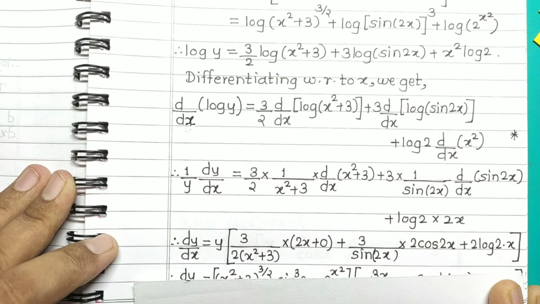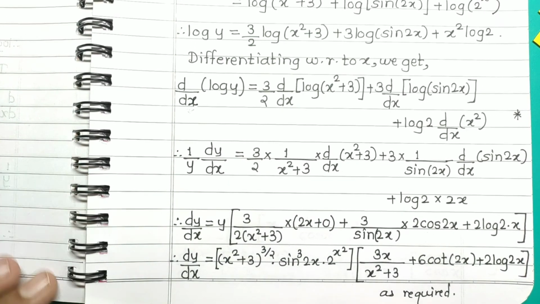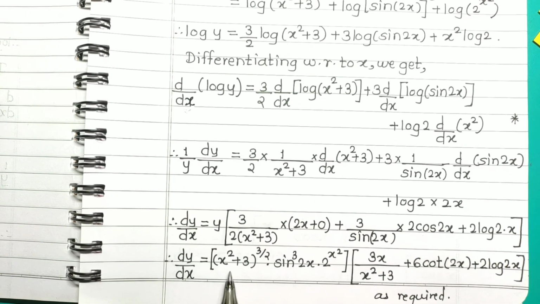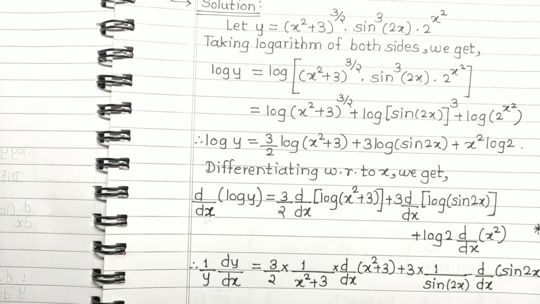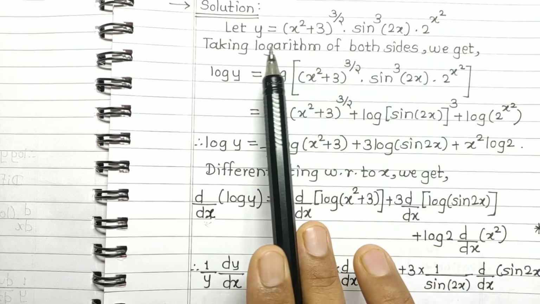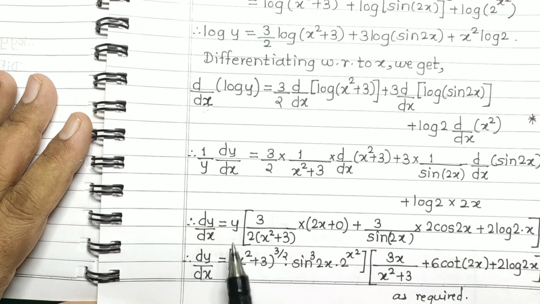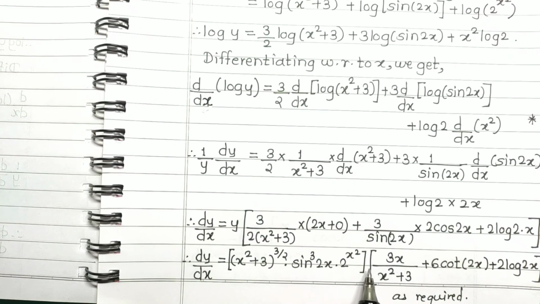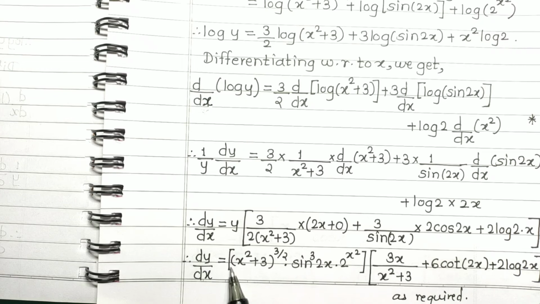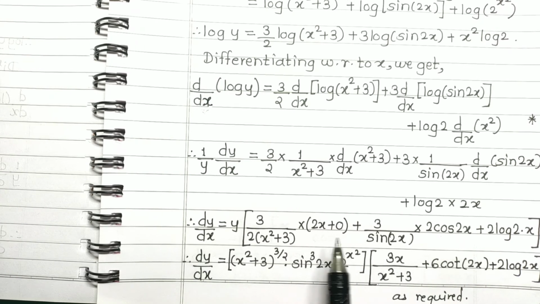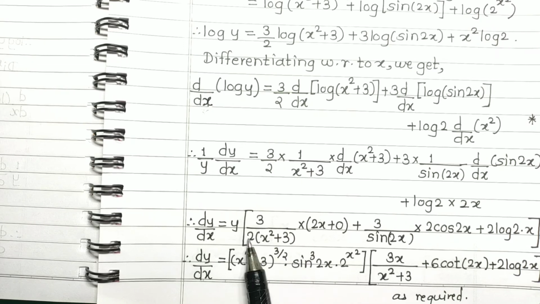And so finally we have the required derivative as, see, in the last step we are replacing this y with the given function. For convenience we have considered the given function as y. So in the required derivative we must replace that y with the given function. So replacing y by this given function into, see, rearranging all these terms, we get, see here, this 2 gets cancelled and 3x upon x square plus 3.